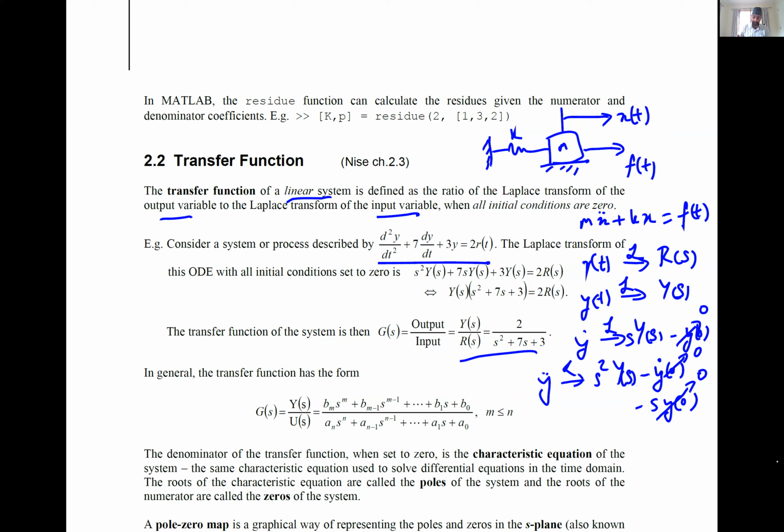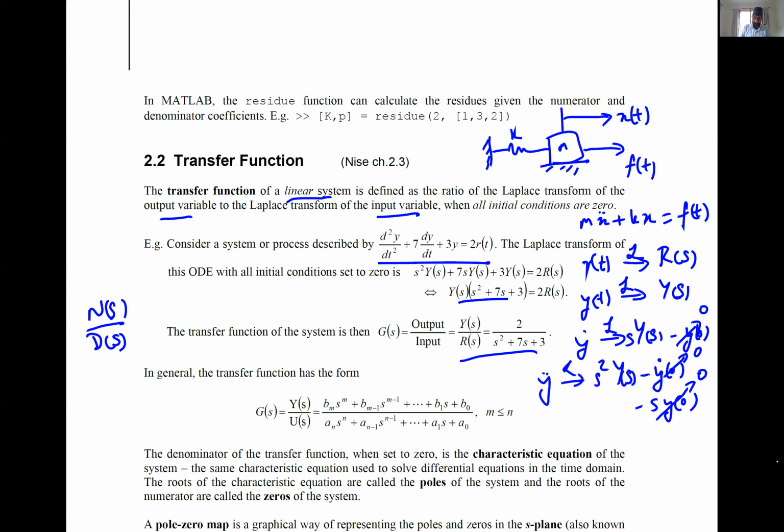Here you can see, because of the nature of the differential equation, the numerator is basically coming up with the coefficients of the r, and the denominator is coming up with whatever were the coefficients of Y(s) in the left hand side. We end up getting a transfer function which in general can be represented by some numerator which is a polynomial of s and some denominator which is a polynomial of s.